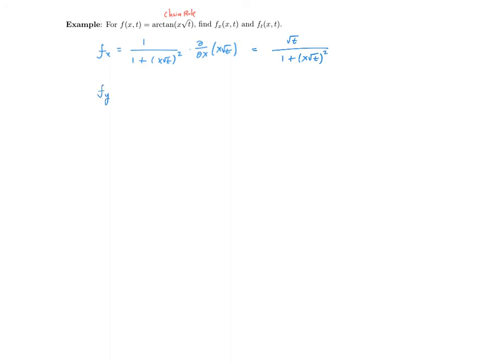Similarly, if we want to calculate the partial with respect to t, we apply the chain rule. The derivative of the outside, evaluated at the inside, multiplied by the derivative of the inside. And in this case, when we differentiate the inside function, we're now treating the x as a constant, while we differentiate with respect to t. And recall, the derivative of the square root is 1 over 2 square roots of t in this case, all divided by 1 plus x square root t quantity squared.